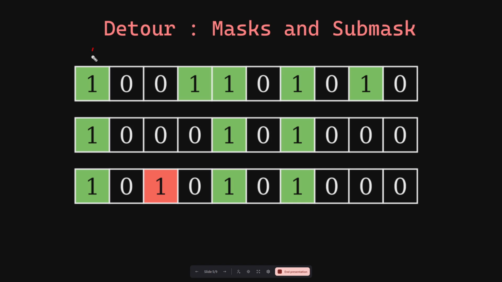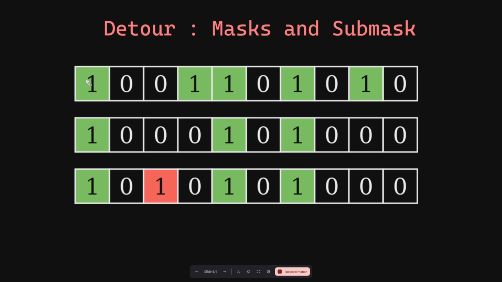So this would mean that you picked A but did not pick B and C, while you did pick D and E. So this encoding represents the number of elements and exactly which elements you chose for your subset. And this is usually called a bit mask or simply a mask.